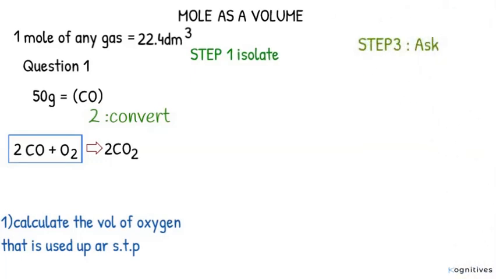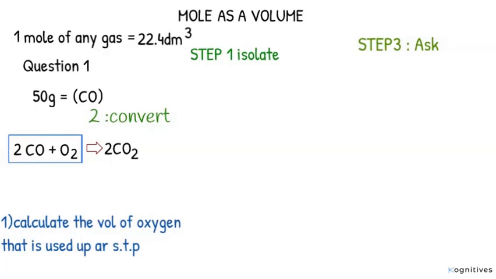Step 1, isolate. Now looking at the question, you will notice that carbon monoxide was talked about in the sense that we are given a figure for carbon monoxide, the mass of carbon monoxide. And also we are asked about the volume of oxygen that is used up at STP.